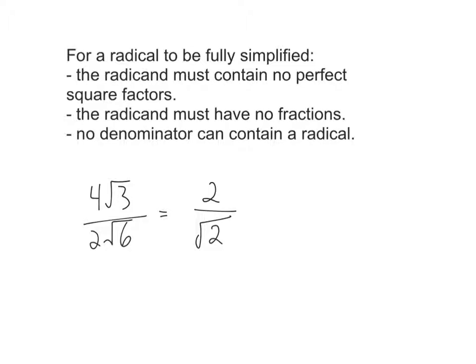And no denominator can contain a radical. So this one, which we did already, we get 2 root 2. We can't simplify it any further just by dividing, but it still needs to be simplified further because that square root 2 in the denominator is not allowed if it's going to be fully simplified.